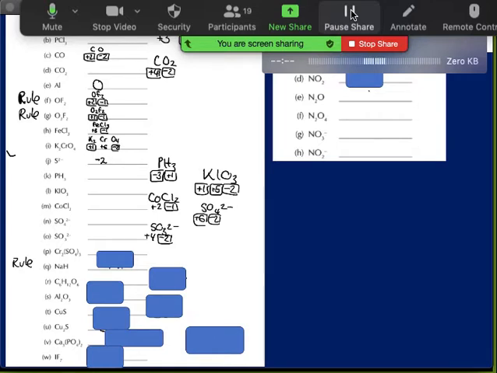In the chromium sulfate, to do it quickly, the sulfate has to be -2. Overall, there's 3 of them, which will make the sulfate -6 in total, which makes each chromium worth +3.